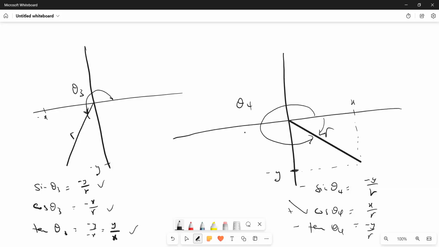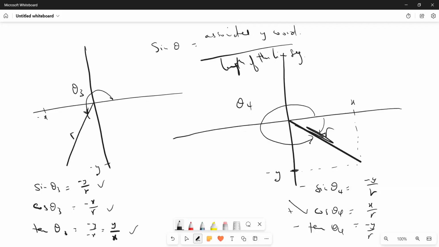So keep that in mind that these ratios here, the sine of any angle is the associated y coordinate over the length of the line segment, right?